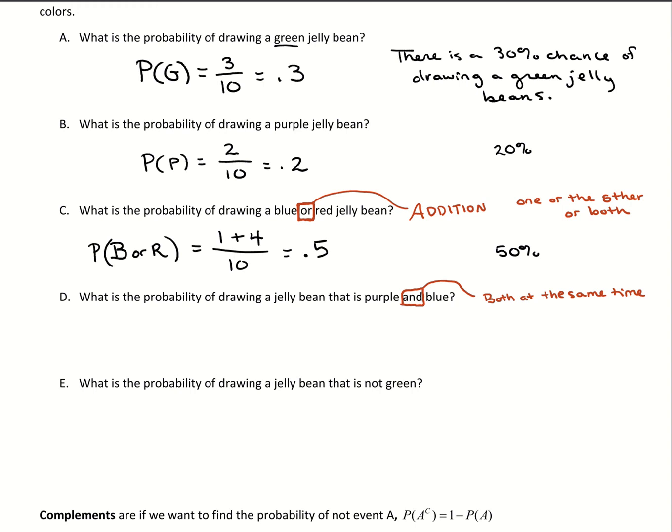This case is different than multiplication. We would not use multiplication here. Why that is, this case that we're looking at is we're looking at a single jelly bean and we're trying to see it to have two characteristics at the same time. So this is a special case of and where we're looking at one thing with two, and we could start adding in more characteristics.